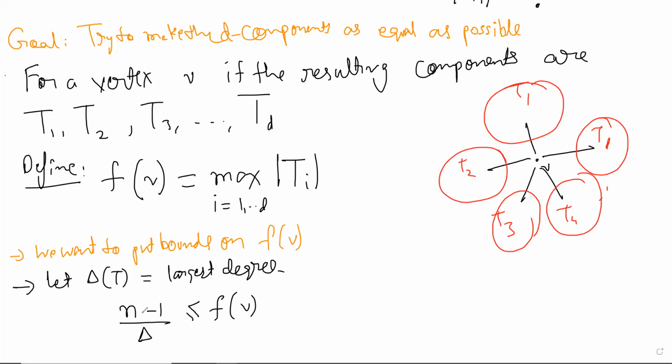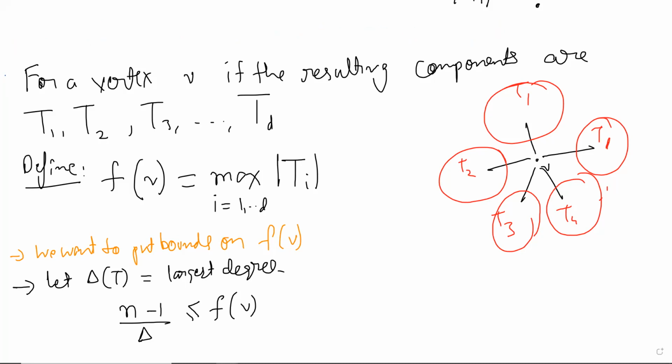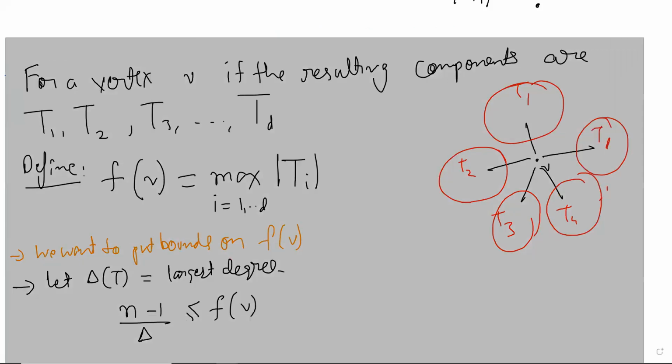So if delta is the largest possible degree in the graph, then we want to show that FV is at least n minus something, and these are useful results. I missed one of these results in one of my tests in some approximation algorithm thing, but anyway, it's very simple to prove.